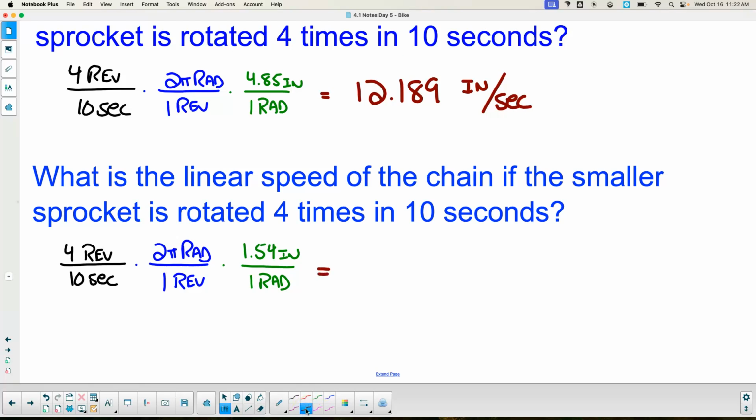So that gives me a linear speed of 3.870 inches per second. Agree? Questions, comments, concerns, clarification?